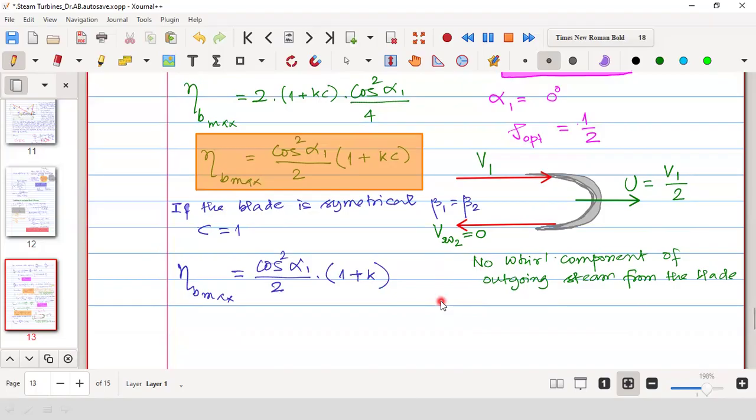Okay. So this is the maximum efficiency for symmetrical blade.